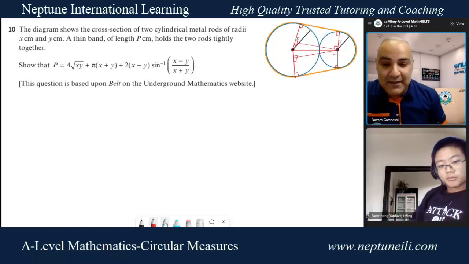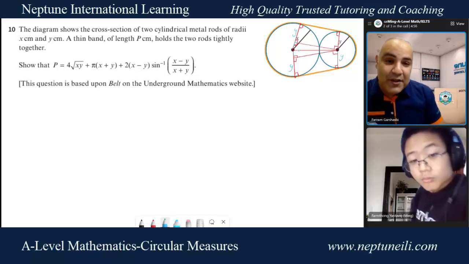Now let's think about the radii of the two circles. That is y, therefore this is also y. Now if they are parallel, so this chunk here is y, and this one is also y. But what about this small part? How much is that one?